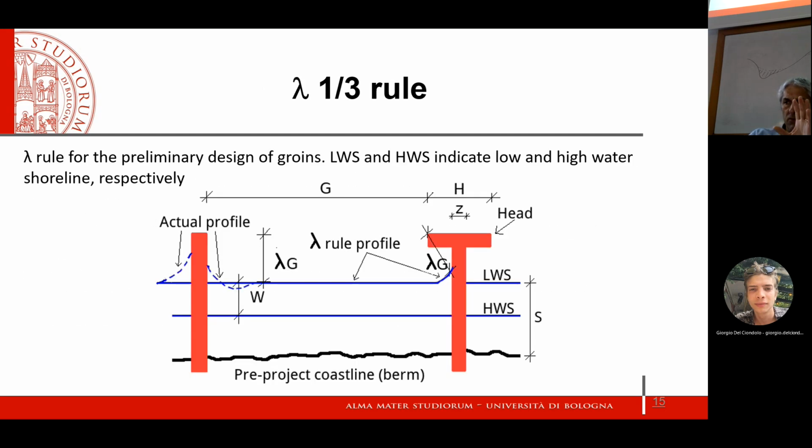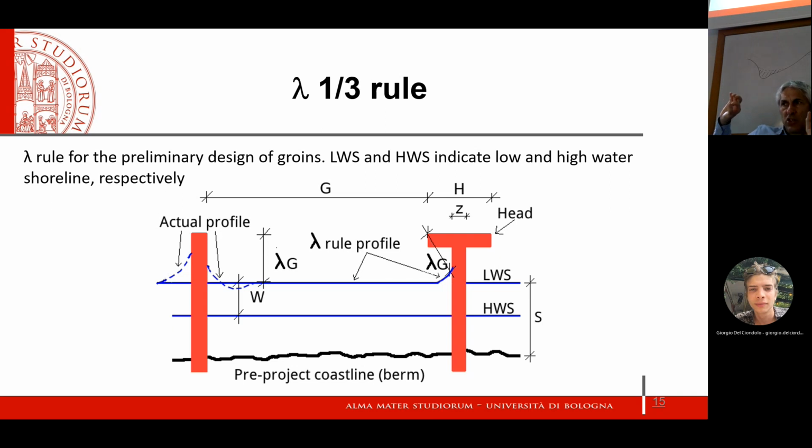Let's start with the picture first. So, what is the lambda rule? The lambda rule says that if you have two groins, like in this case, forget about the T-shape on the right. For now, let's assume that the right groin is rectilinear and not T-shaped.